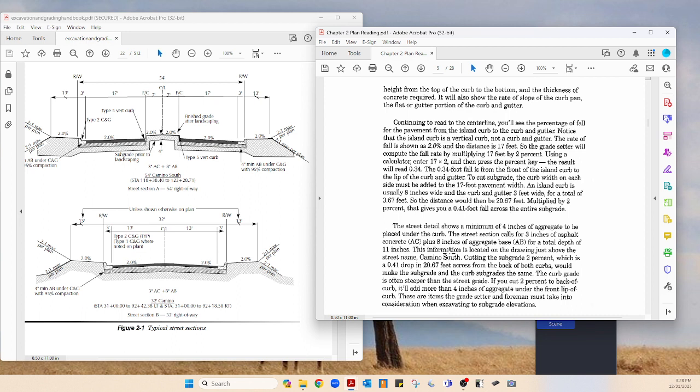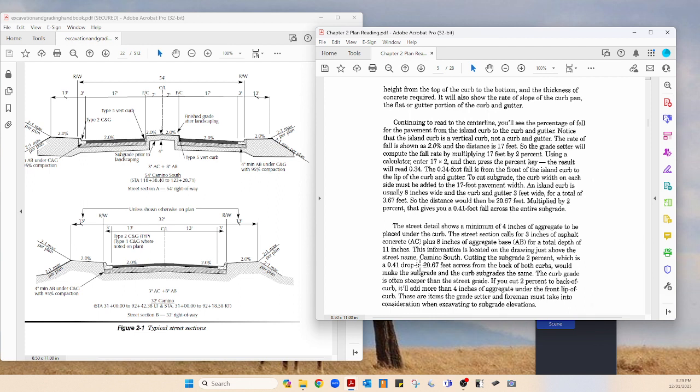We got our 8 inch, and we know where that information came from. But what is cutting the subgrade 2%, which is a 0.41 drop in 20.67 feet? Where did the 20.67 feet come from? Can anybody guess?